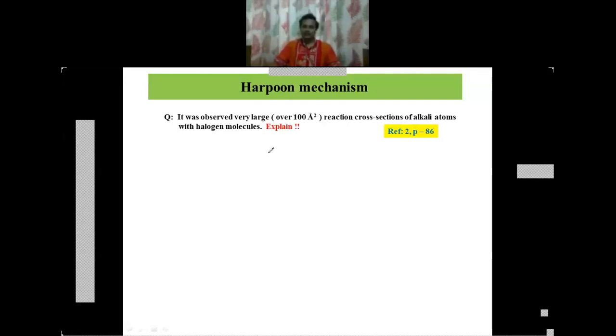So let's take one example, then we can do it in a better way. Consider the collision between potassium and a bromine molecule, right. Now what do we expect? Normally we should get KBr, and a bromine is going to be removed, right. So I have K plus Br2, and finally I get KBr plus Br.